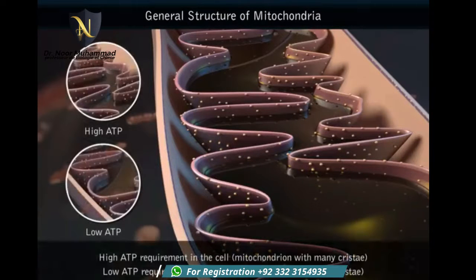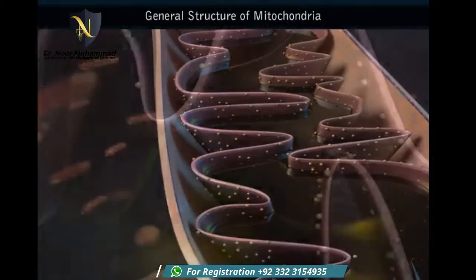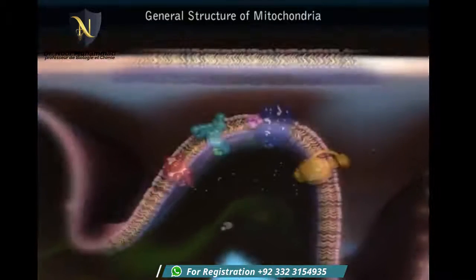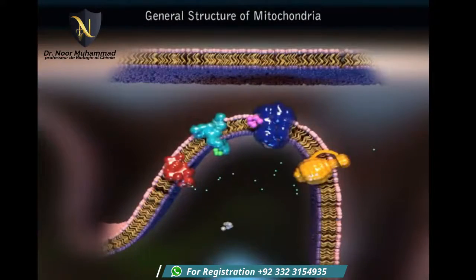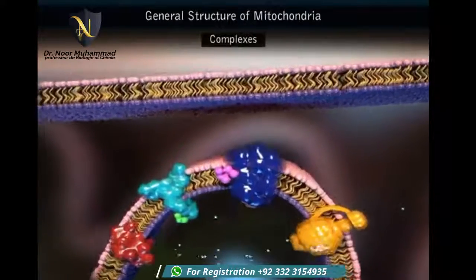Crista increase the surface area of the membrane and provide a larger space for biochemical reactions to take place. The number of crista is not constant and can vary with the cell's energy requirement. Crista are studded with many proteins that are involved in the electron transport chain and ATP synthesis.